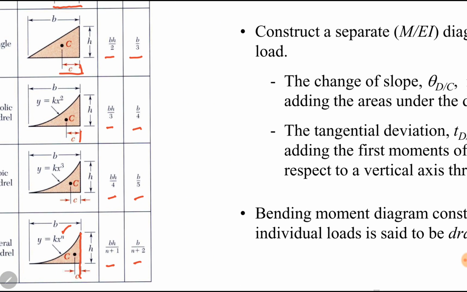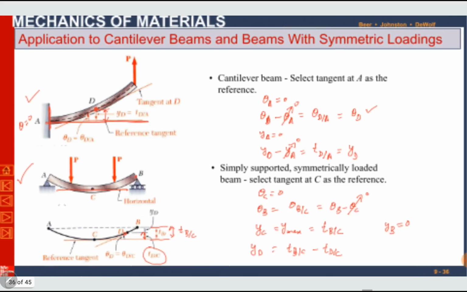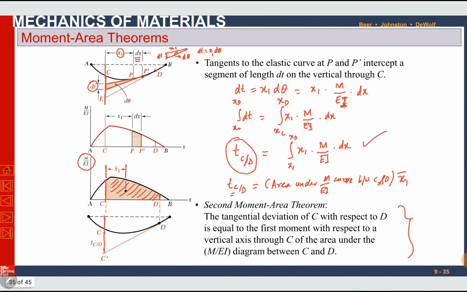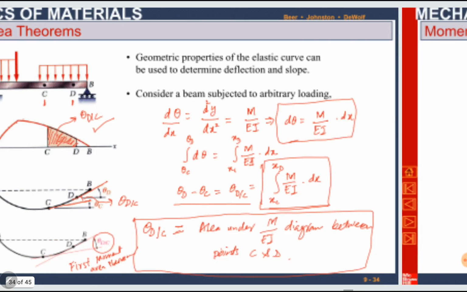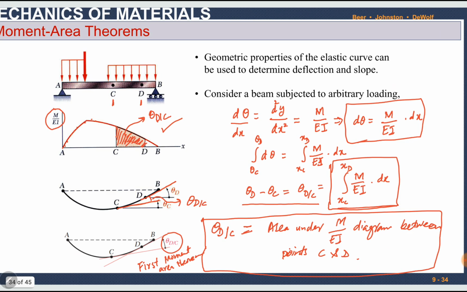Sometimes, like in this case, we have a very complicated area. It is difficult to find because here are multiple loads. So what we can do is first divide the beam into different simple loads.